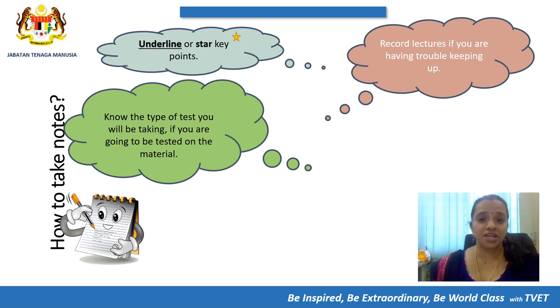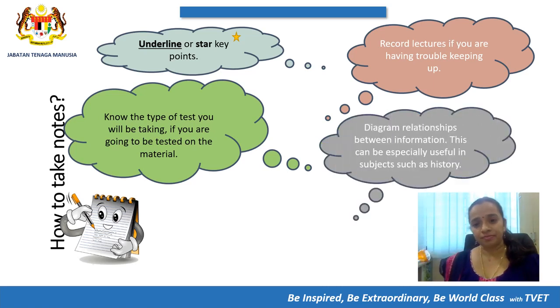If it is objective, then you should have the exact answers for that. To elaborate on a particular topic, you need a lot of information. It could also be an assignment, project work or research, and for all of these you will have different types of note taking.